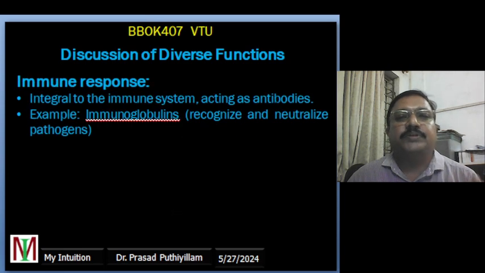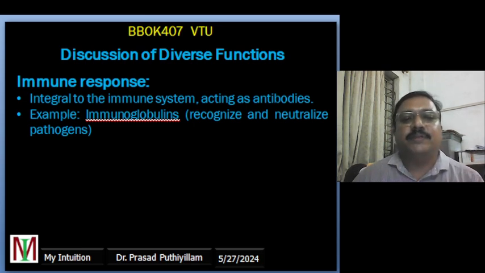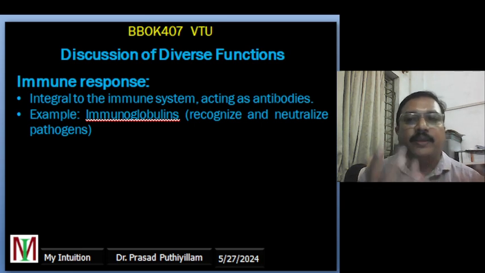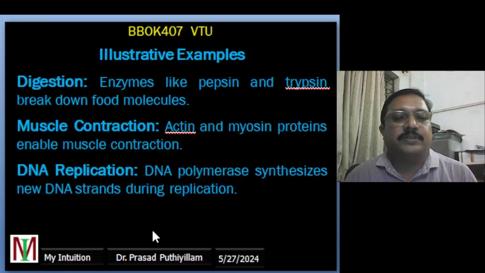Then immune response: proteins are integral to the immune system, acting as antibodies to recognize and neutralize foreign pathogens such as bacteria, viruses and fungi. They are pathogens for our body, so we have to have our own immune system to resist them. Immunoglobulin is an example of such a protein which gives the immune response.